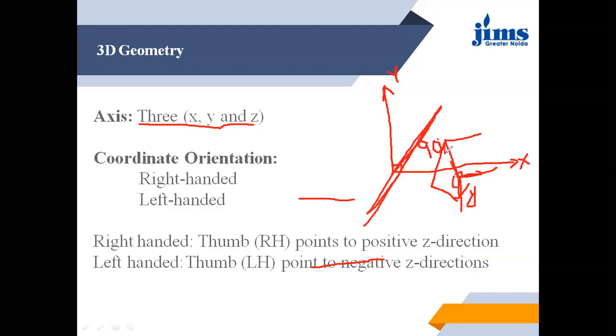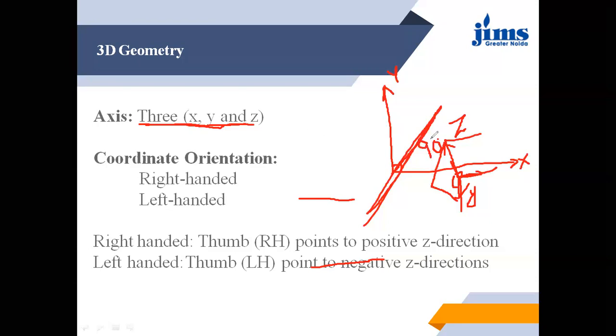This is called the third axis, that is the z-axis. So in 3D we have to access three dimensions, that is the x, y and z planes.